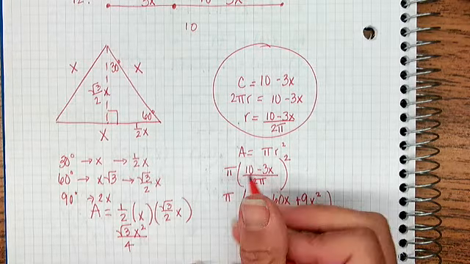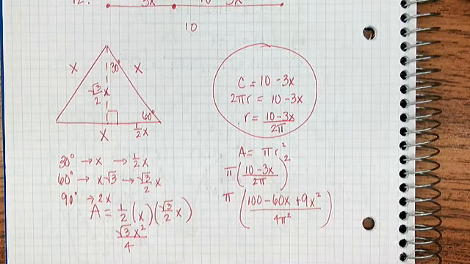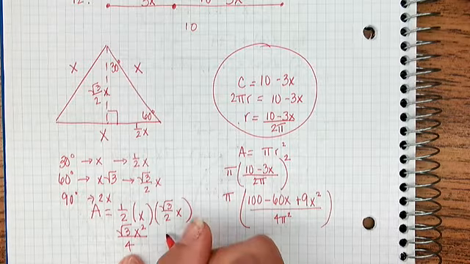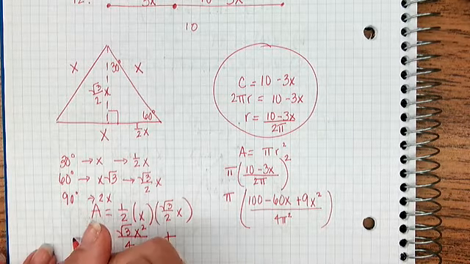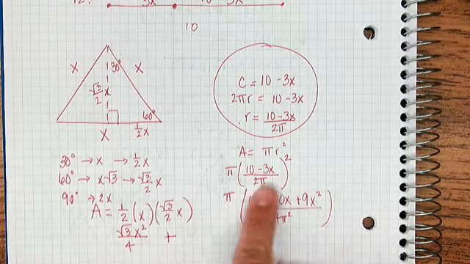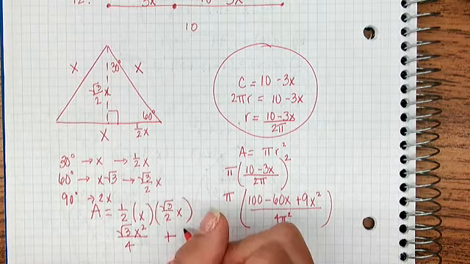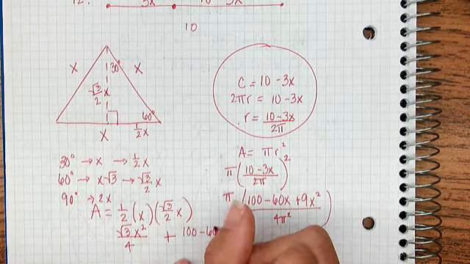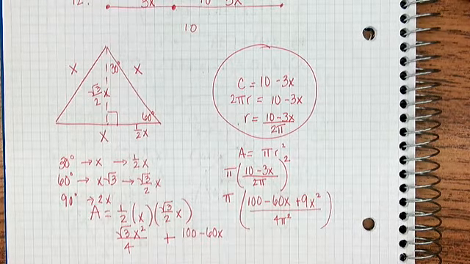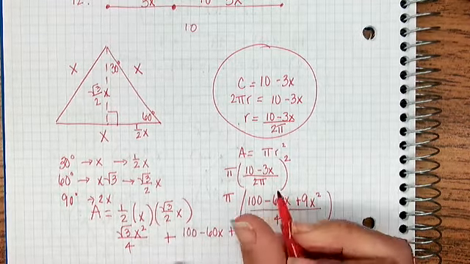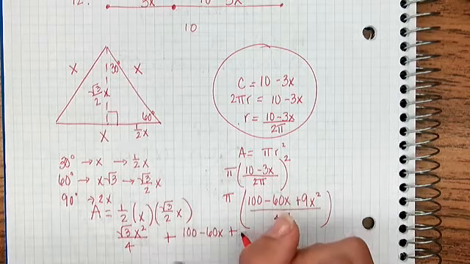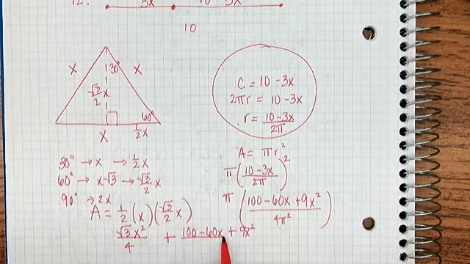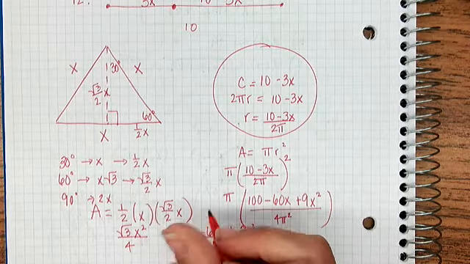Reduce pi and the pi. So the area of the triangle plus the area of the circle, which is 100 minus 60x plus 9x squared over 4 pi.